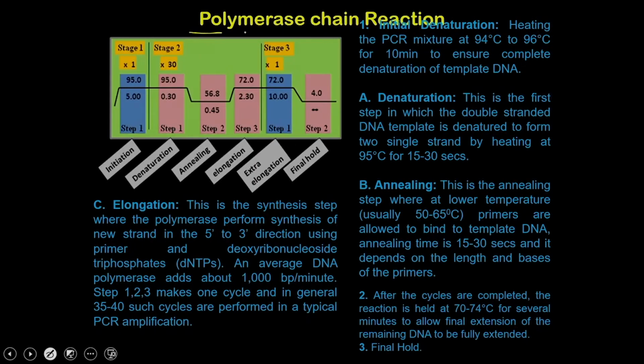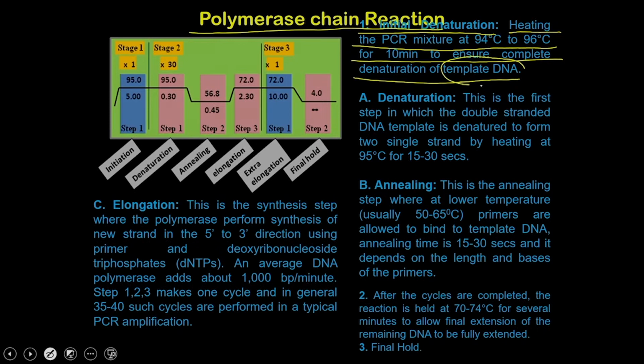The polymerase chain reaction requires 4 events. If you set up the PCR, you require the initial denaturation, which means you have to heat the PCR mixture at 94 to 96 degrees for 5 to 10 minutes to completely denature the template DNA.